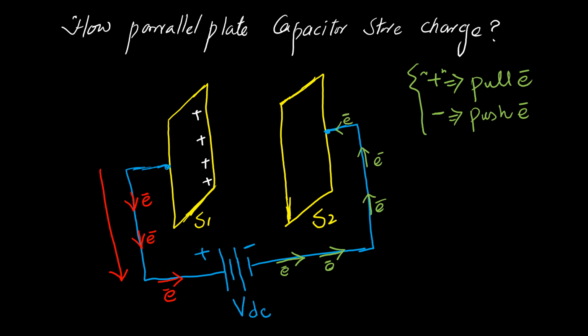So this means that there will be a generation of negative charge on the S2 plate. So dear student, keep in mind that on the S1 plate there will be a shortage of electrons, whereas at the S2 plate there will be an excess of electrons.